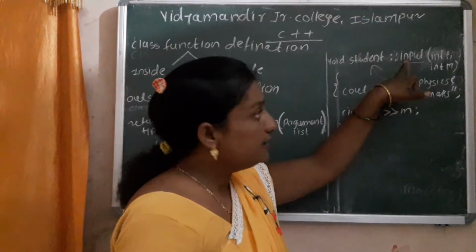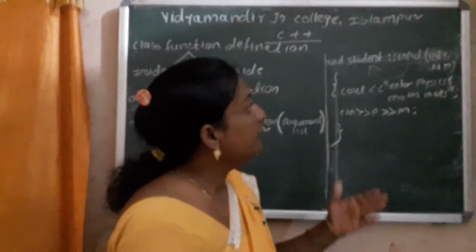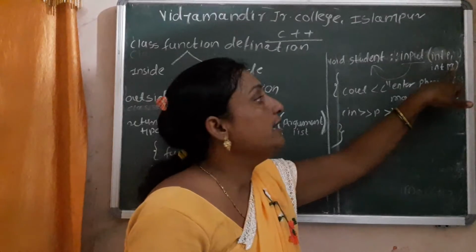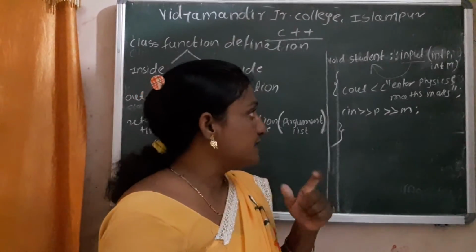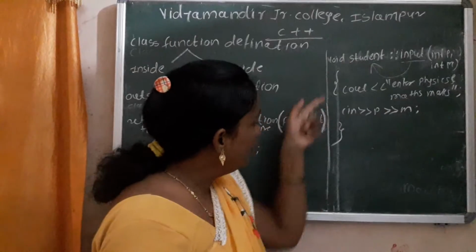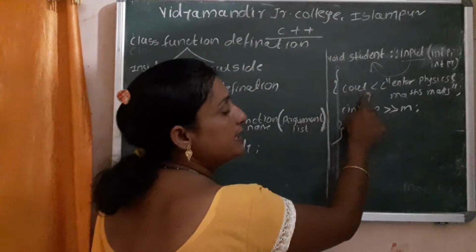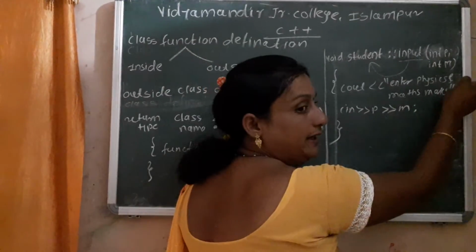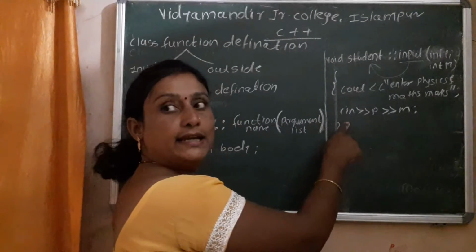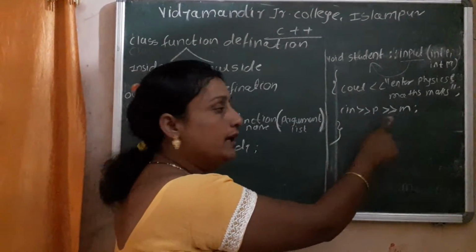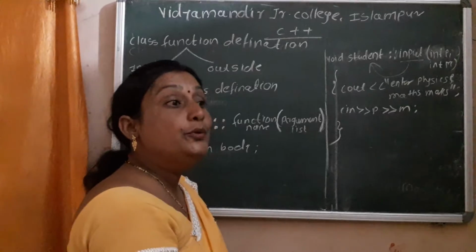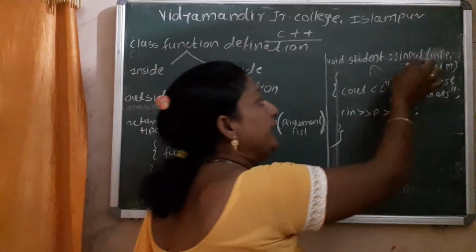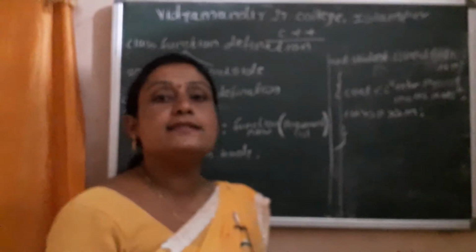In the input function, I use the p variable for physics and the m variable for maths. The body of the function is cout, enter physics and maths marks, in double quotation marks, then a semicolon, and after that cin p and m, which inputs the variables p and m. That is the method of the outside class definition.